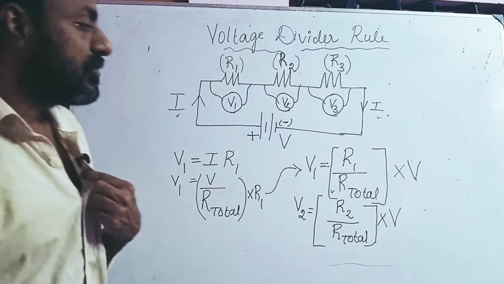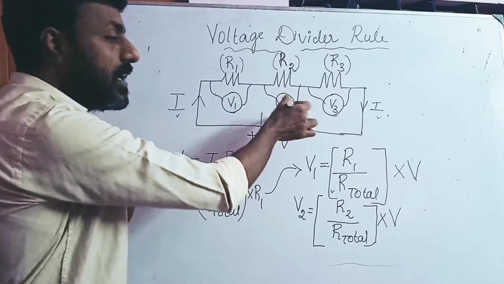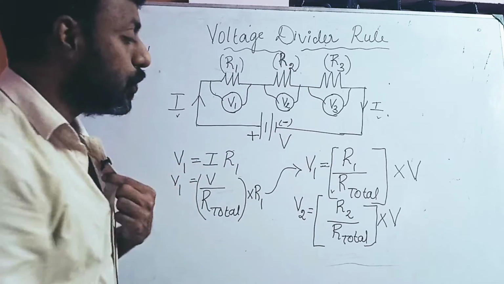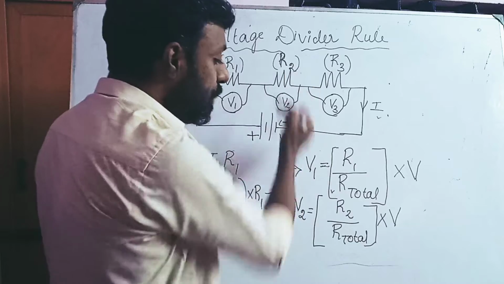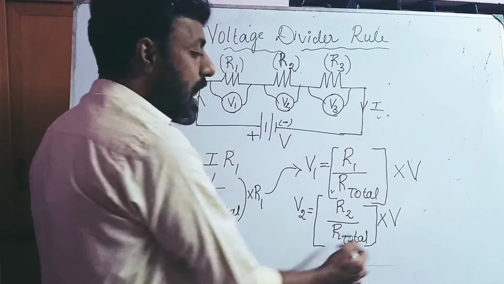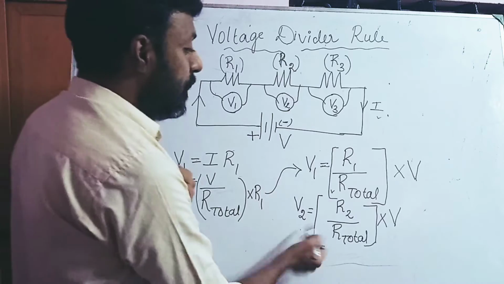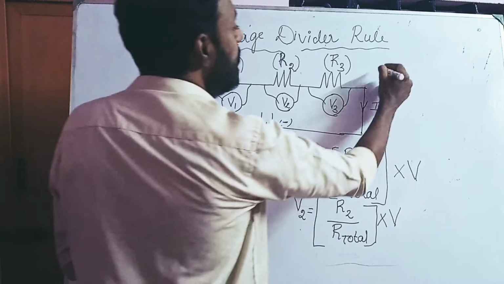So similarly, you found out the value of the individual voltage, that is V2, which is developed across the resistor R2. So V2 is nothing but R2 divided by the total resistance R total into the supply voltage V. So you got V2. Similarly, you can also find V3.